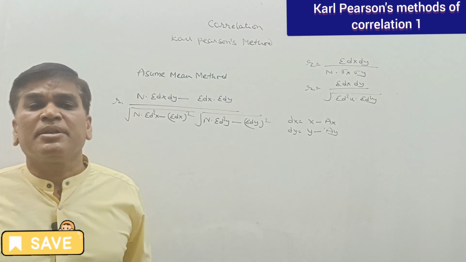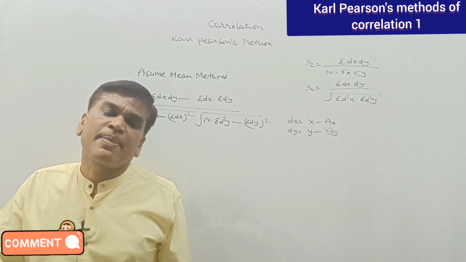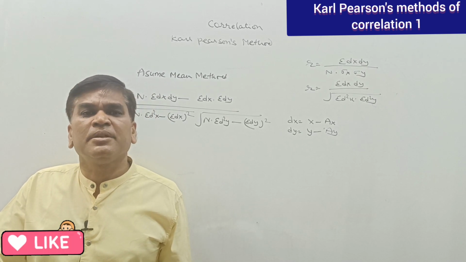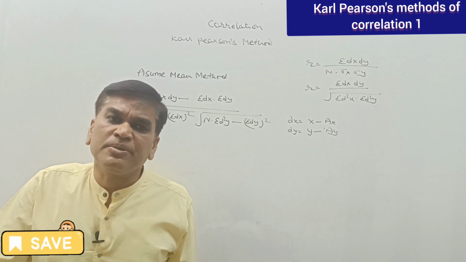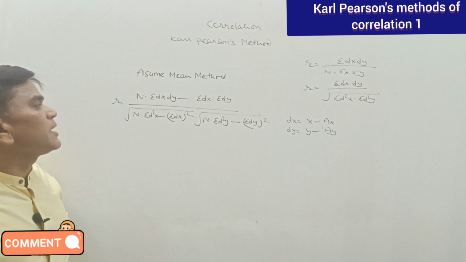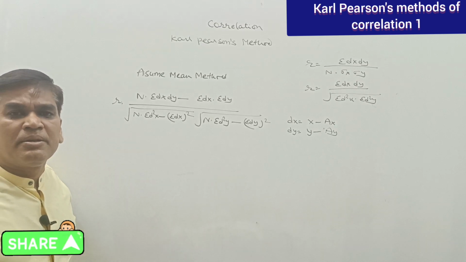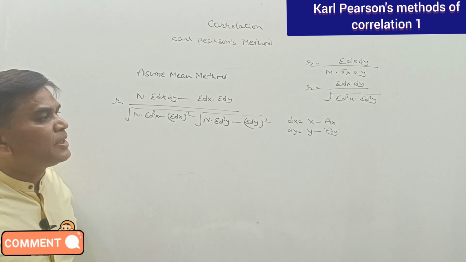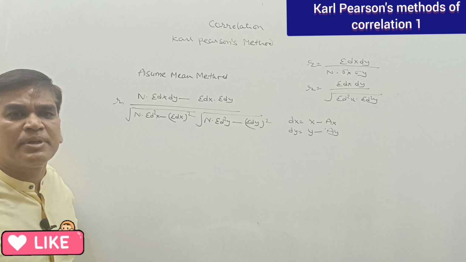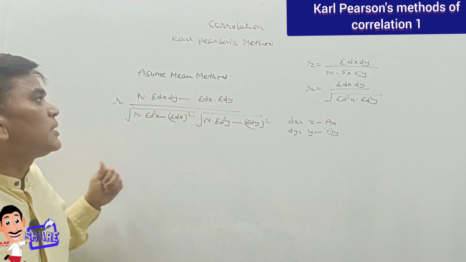Similarly, as we went through in the previous measurement of standard deviation, we have the assumed mean method. So similarly, in correlation also we have the assumed mean method. In that we assume one value as the arithmetic mean of the X series and another as the arithmetic mean of the Y series. Putting in the values, we get this formula.